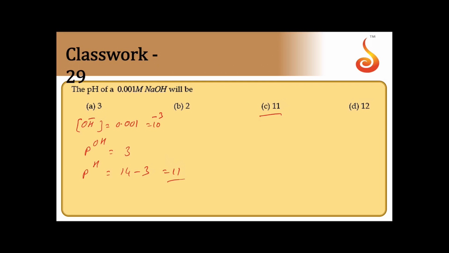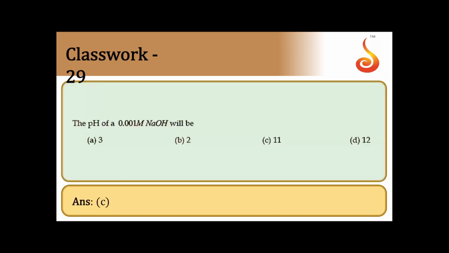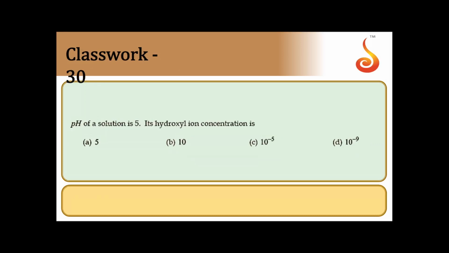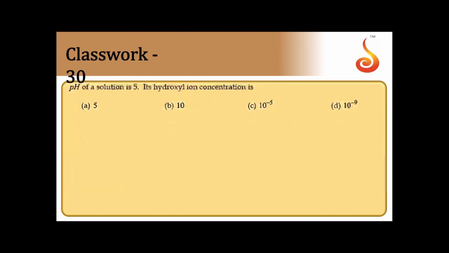So from the NaOH concentration we can find the OH minus ion, from there pOH, and then pH. The answer is 11. Next, the same thing only. The pH of a solution is 5. The hydroxyl ion concentration is equal to? pH 5 implies the hydrogen ion concentration is 10 to the power of minus 5.